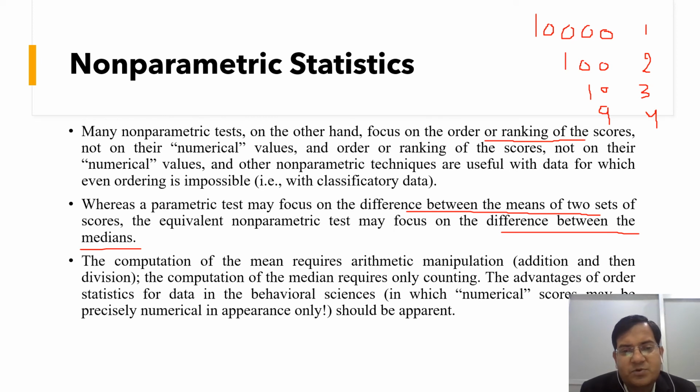Another important thing is that the mean requires arithmetical manipulation like addition and division, but computation of the median requires only counting. We just count the total number, divide it into two parts, and the mid value is considered the median. So that's why we use non-parametric statistics by using median analysis. These are very important things in non-parametric studies.